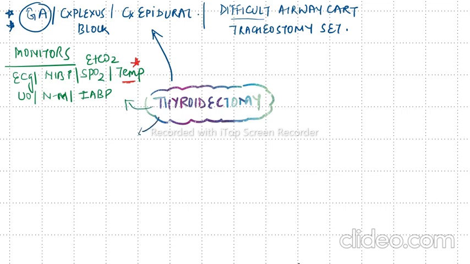After pre-oxygenation, we will give IV anesthetics to the patient. You can use thiopentone or propofol. Thiopentone is preferred in thyroid cases. If you want to check out my playlist on drugs, I will ping it.